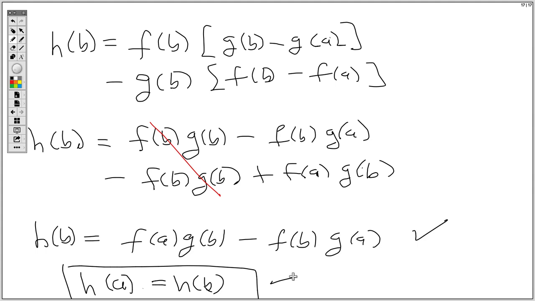So once again, if you go back and look at the proof of the mean value theorem, it was a very similar kind of thing, only there we had the function and we subtracted off its secant line. But it's the same kind of mechanic here.